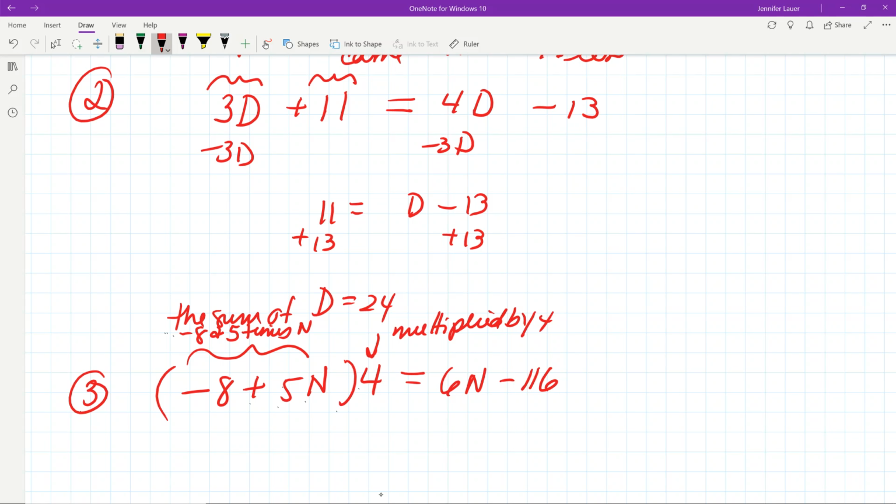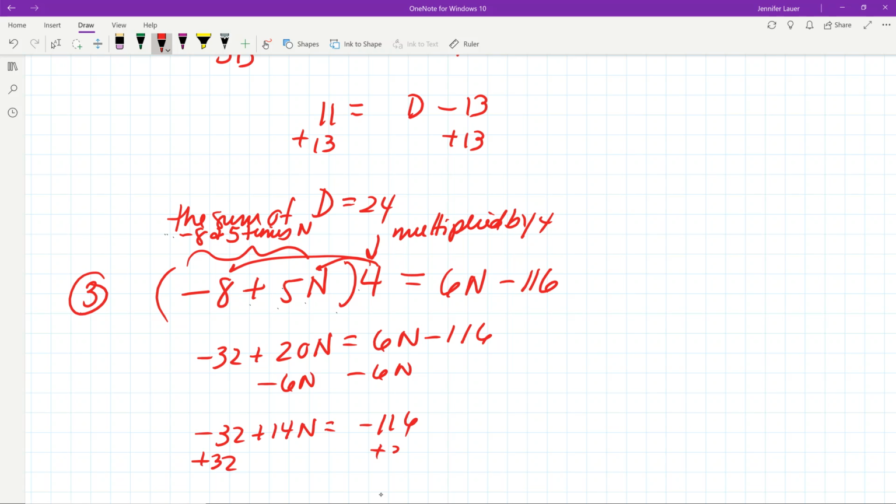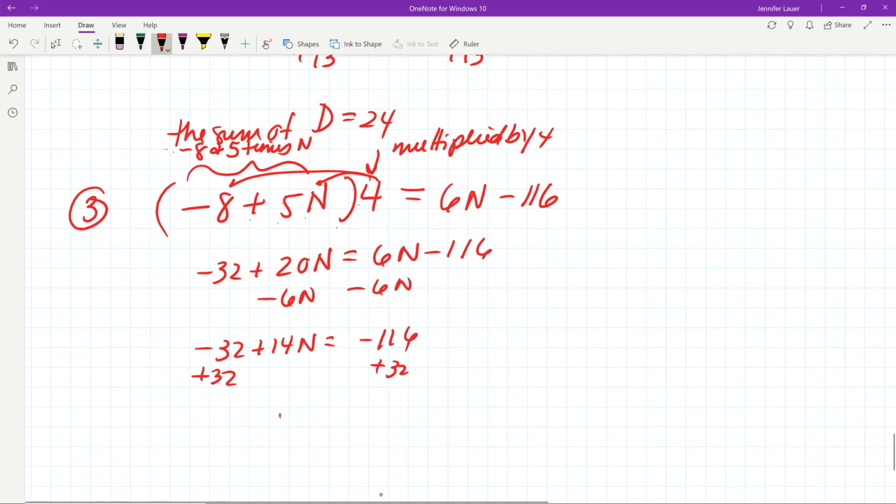What is the number? Once you're here, you can pretty much just do your algebra. 4 times -8 is -32. 4 times 5 is 20n. So I'm going to subtract 6n from both sides. I'm going to add 32 to both sides. So 14n, and I have no idea what that is. I need a calculator.